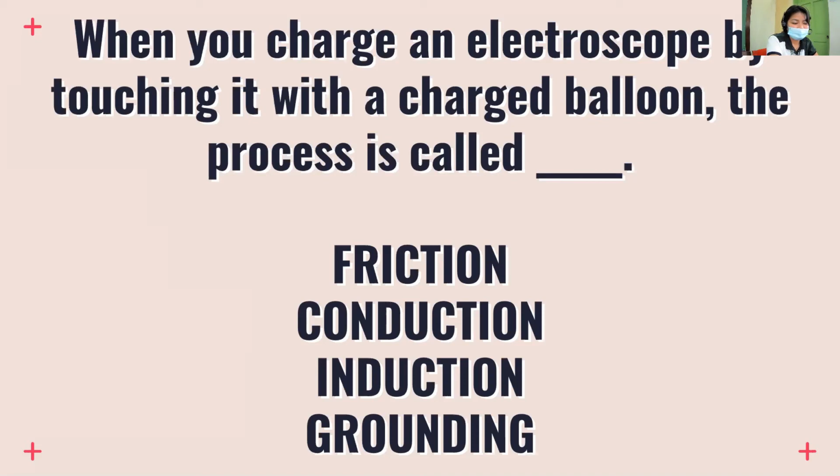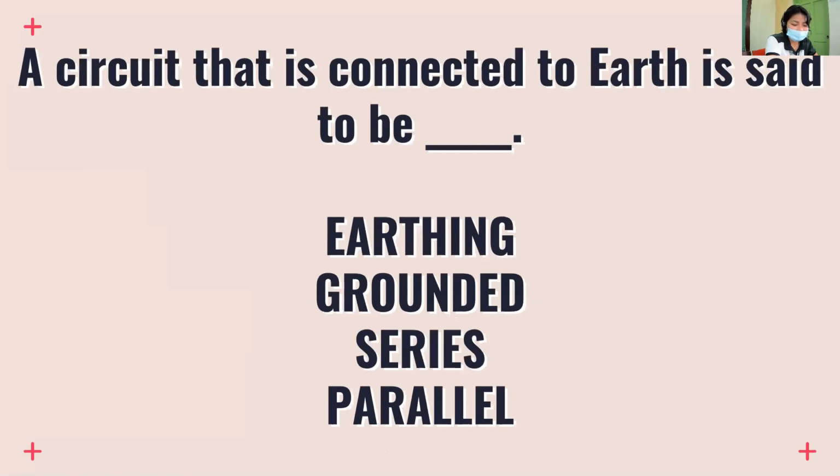Okay, Dan, pasabi na lang po kung medyo mabilis ha. Sabihin nyo kung kailangang magpreno. Okay, ilan ba to? Number 9 na ba tayo? Okay, number 9. A circuit that is connected to Earth is said to be.